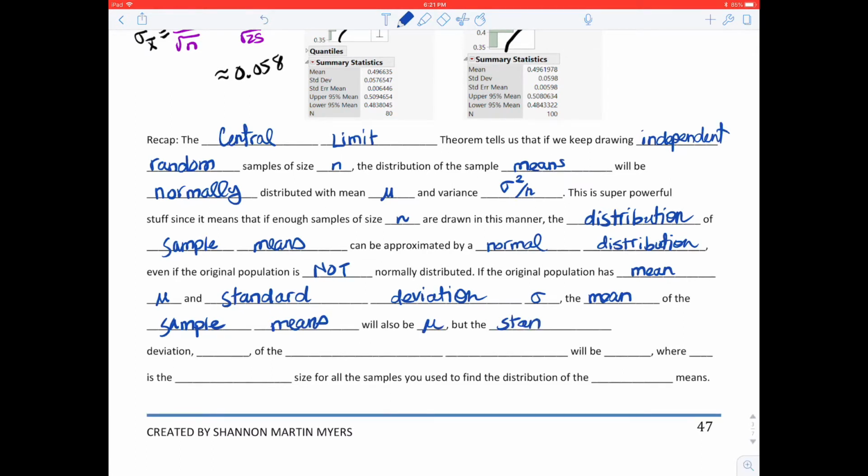But the standard deviation of the sample means, which we call sigma x bar, will be sigma over the square root of n, where n is the sample size for all the samples you use to find the distribution of the sample means.